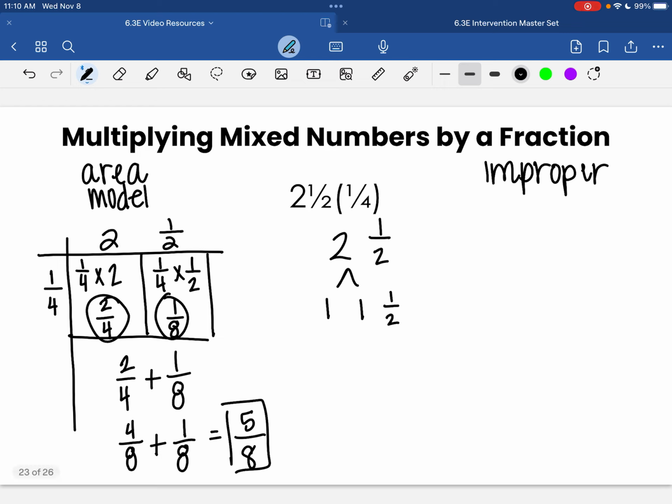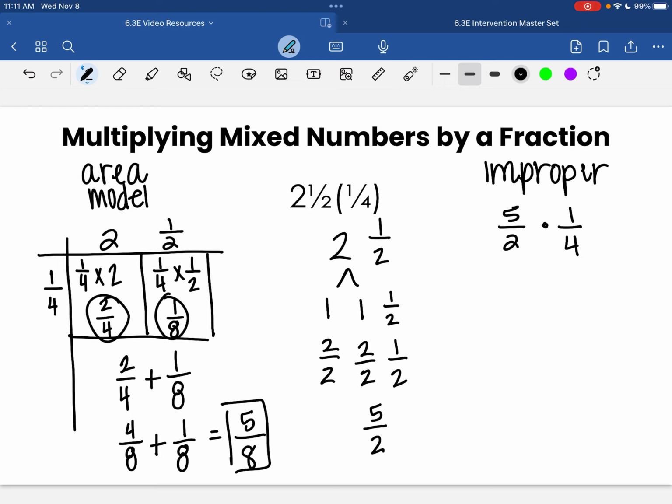And 1 whole is the same thing as 2 halves. So I have 2 halves, another 2 halves, and an extra half, which means altogether I have 5 halves. So when I rewrite this multiplication problem, I can say this is 5 halves times 1/4.